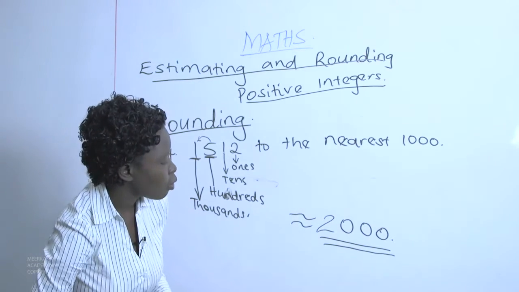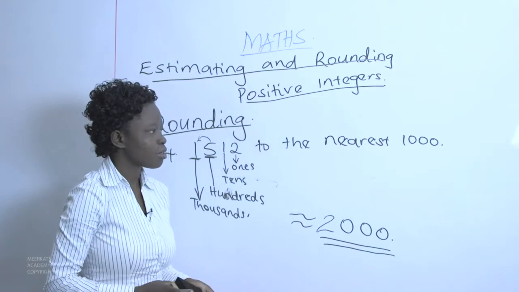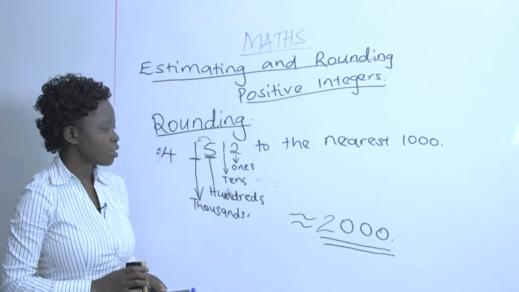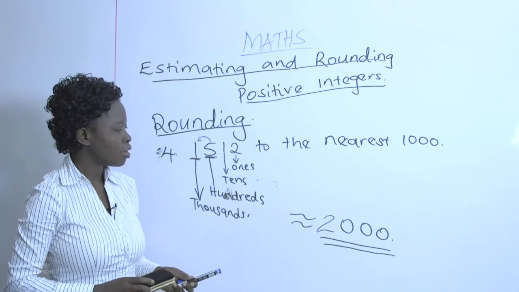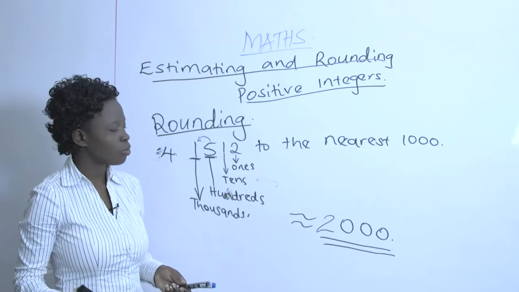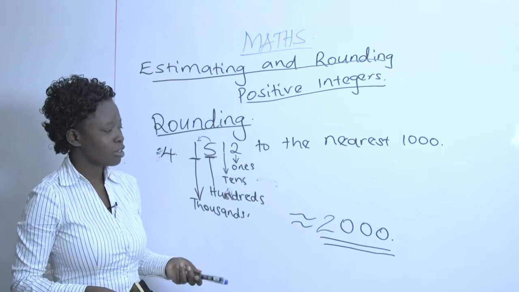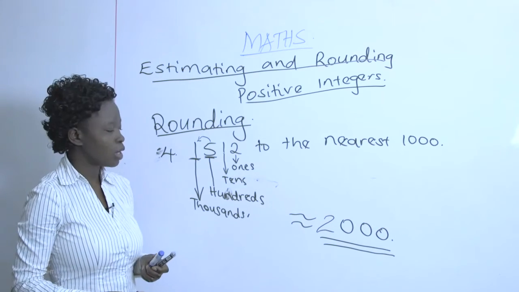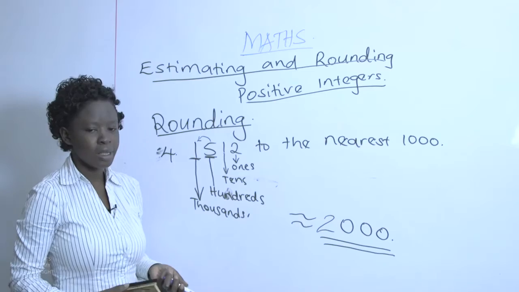So that is what is required of us when we are rounding digits. What you need to consider is: is your digit 0, 1, 2, 3, or 4? If it is between 0 and 4, then the digit will make your number be rounded down.